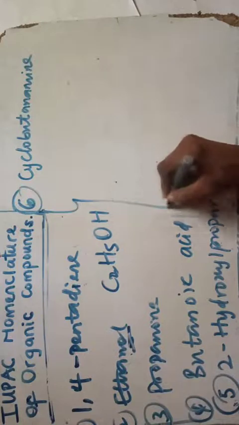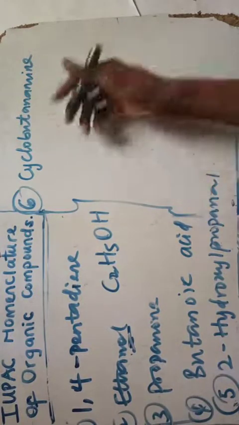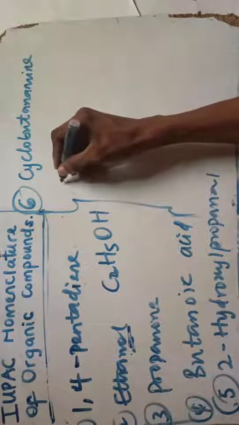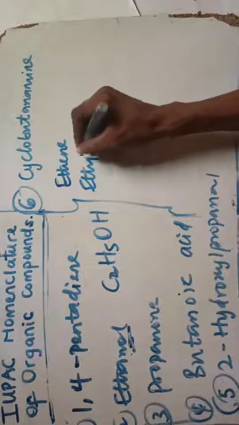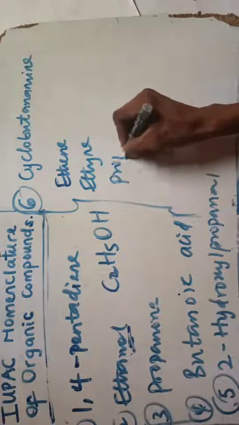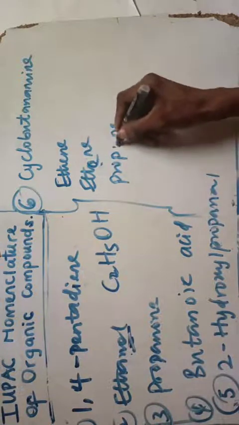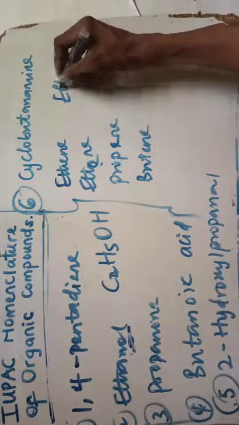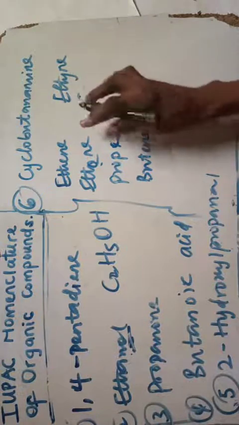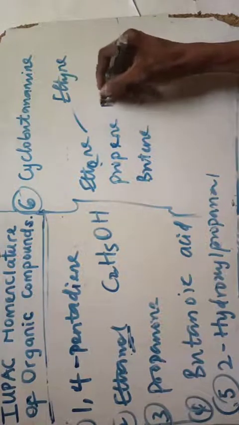From the alkyl family, remember we have alkane. The first 10 series of the alkane family is methane, ethane, propane, butane. If I write the alkane, you have your methane, ethane, propane, butane. Also you have your ethyne, propyne, like that.